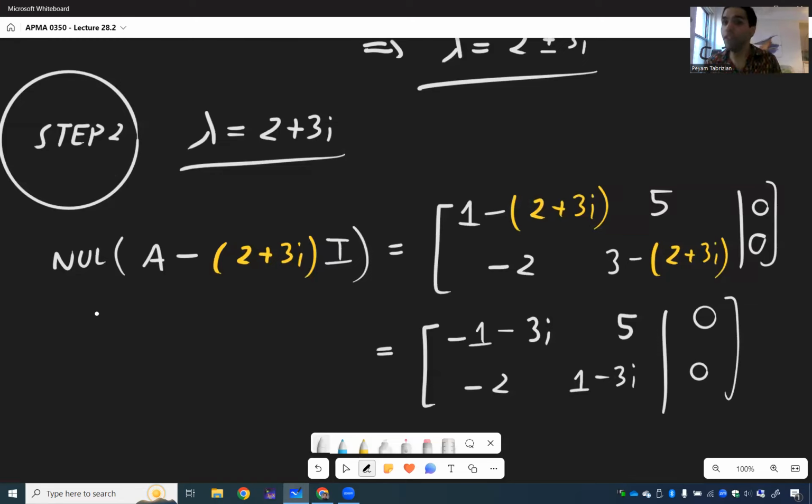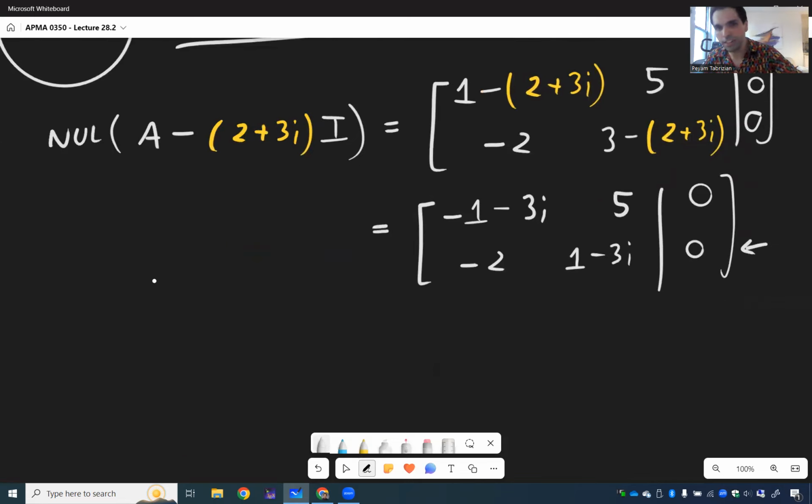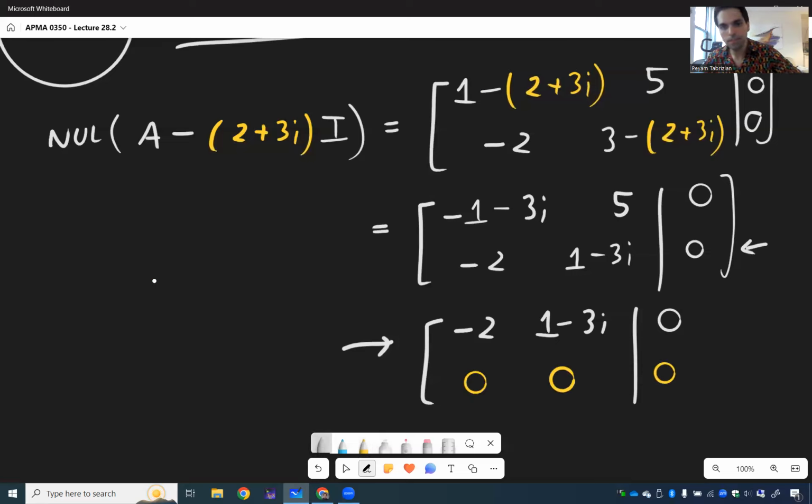You pick your favorite row, again, doesn't matter which one, and make the other row 0. So just for personal preference, I picked the second row, but you might like the first row more, doesn't matter. And let's make the other one 0. So this gives you minus 2, 1 minus 3i, 0, and then 0, 0, 0. Again, nothing wrong if you pick the other row.